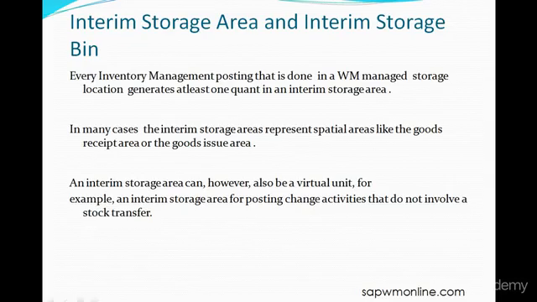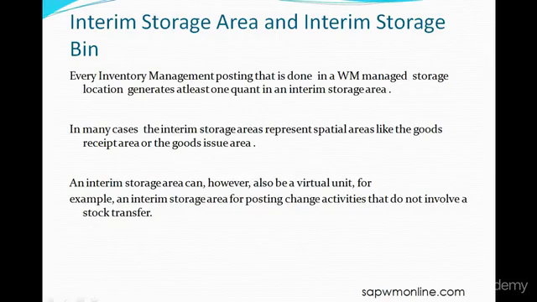Let us understand interim storage areas and interim storage bin once again. So every inventory management posting that is done in a WM managed storage location generates at least one quant in an interim storage area. We have seen in our previous exercises that whenever we do a goods receipt, we will be generating one quant in the interim storage area first, which is later on moved ahead and put away in the respective bins.